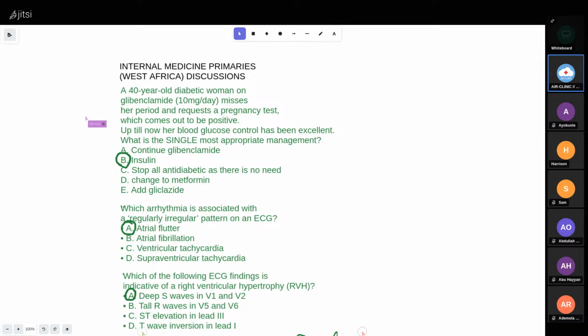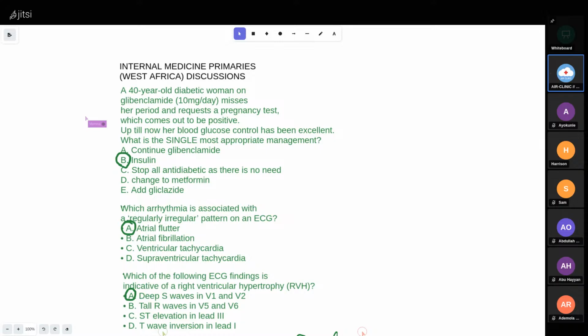Another disease that is also tested on ECG is pericarditis. Pericarditis can also cause ST elevation, but there's a type of elevation it causes that is called saddle elevation. You know the saddle of a horse.